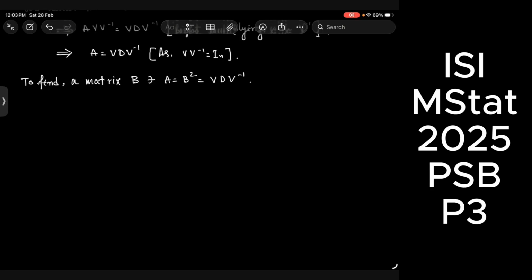Then can we write that D is equal to diagonal root lambda 1, root lambda 2, root lambda n, whole square?